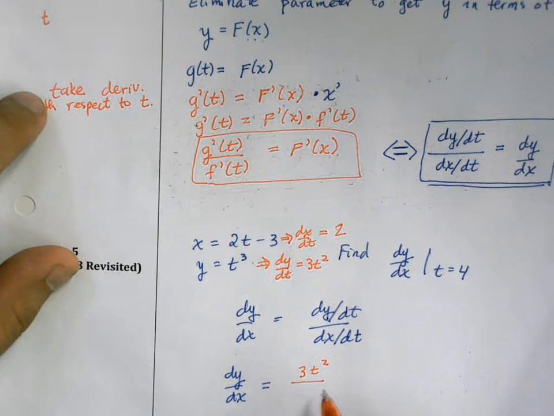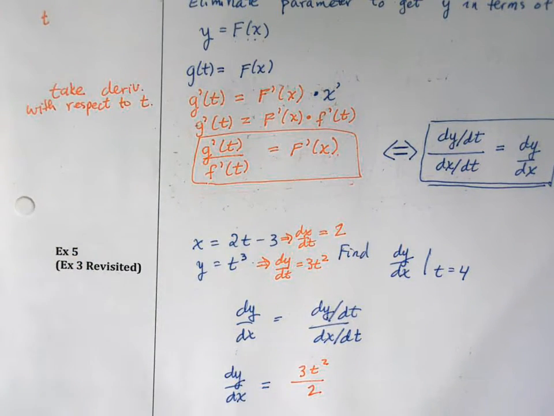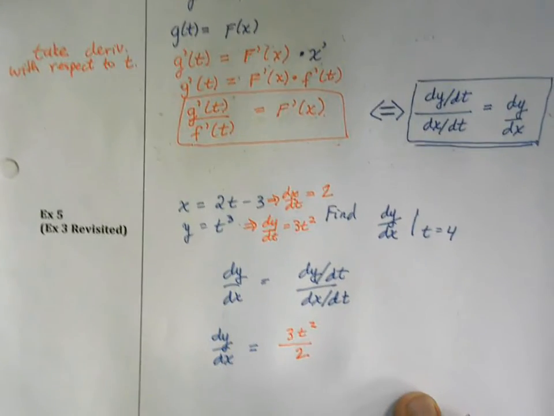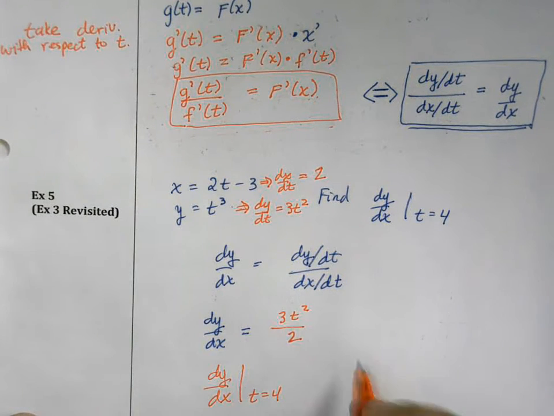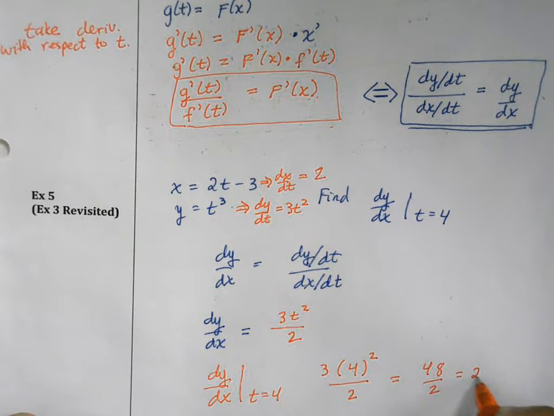That's simple enough, so all of this is 3t squared over 2. Now when I go to answer the question, dy/dx when t is equal to 4, it's a much simpler process. Just do some substitution: 3 times 4 squared over 2, and this gives me 48 in the numerator, 2 in the denominator, so that comes out to 24.